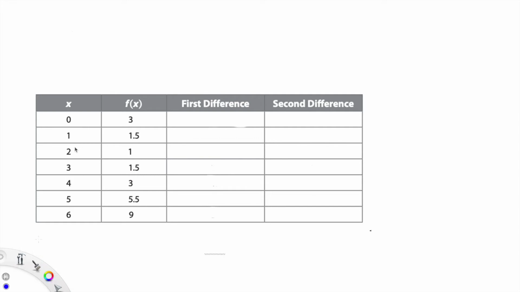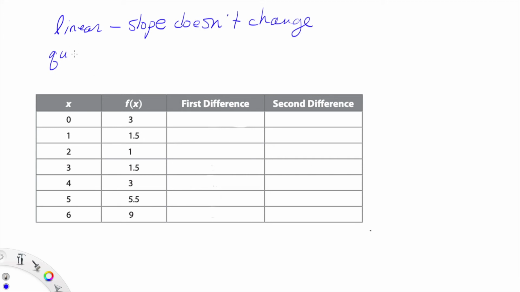What we said before was that we know linear graphs are characterized by the slope not changing. A graph is linear if the slope doesn't change, and a graph is quadratic if the slope always changes by the same amount. So if this is quadratic, then the second difference is always going to be the same number all the way down. Let's see what the first difference is.